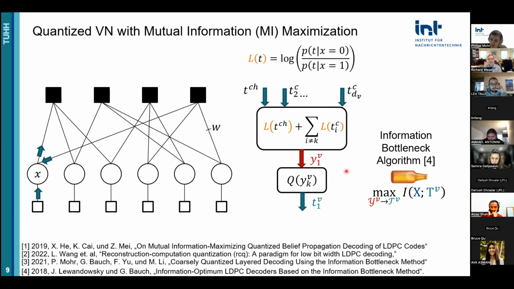This is known, or was discovered to be, an information bottleneck problem. And we use an information bottleneck algorithm from Mohr to solve the optimal quantization here. The goal is to maximize the mutual information between the relevant variable x and the compressed variable t here.